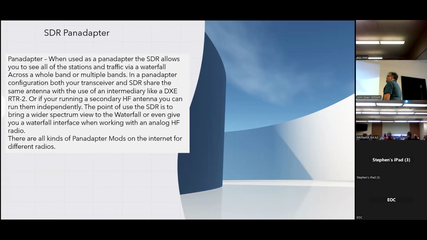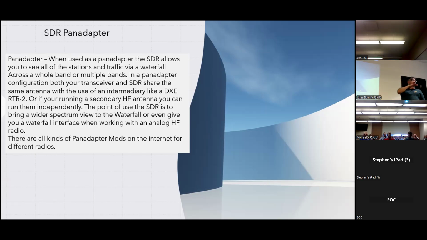Something I found very recently, something I'm looking at doing with an old analog I have, is that you could use it, as I said earlier on, as a pan adapter. And when used as a pan adapter, it allows you to see all of the stations and traffic via waterfall across a whole band or multiple bands. Where I see this come up most is CW operators.